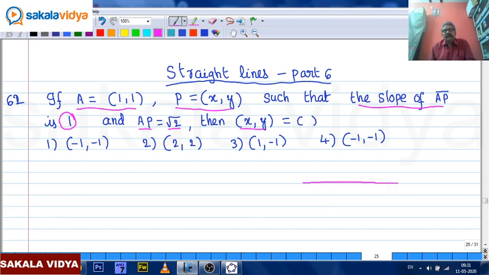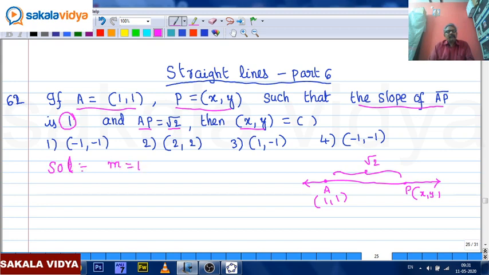Take a straight line with the 2 points A and P. A coordinates are 1 comma 1, P coordinates are x comma y. The distance from A to P is root 2, and the slope of AP is given.